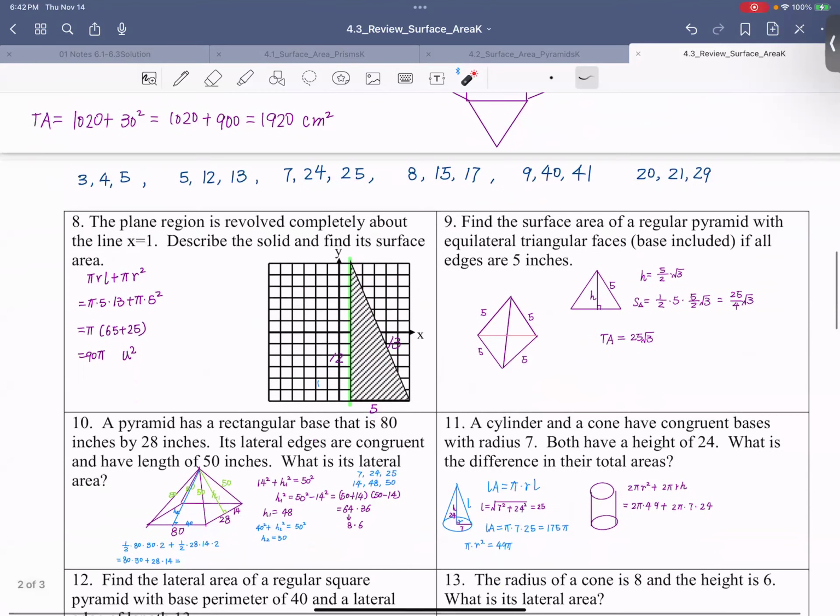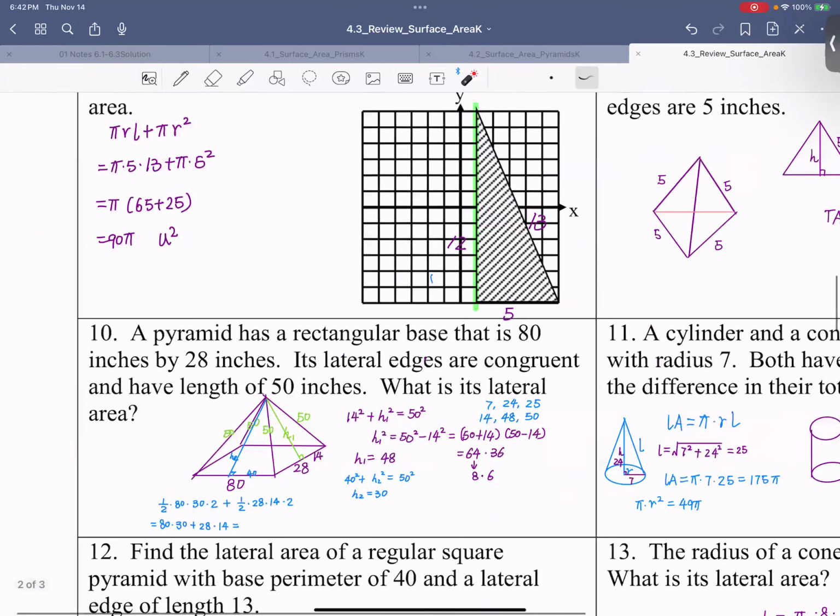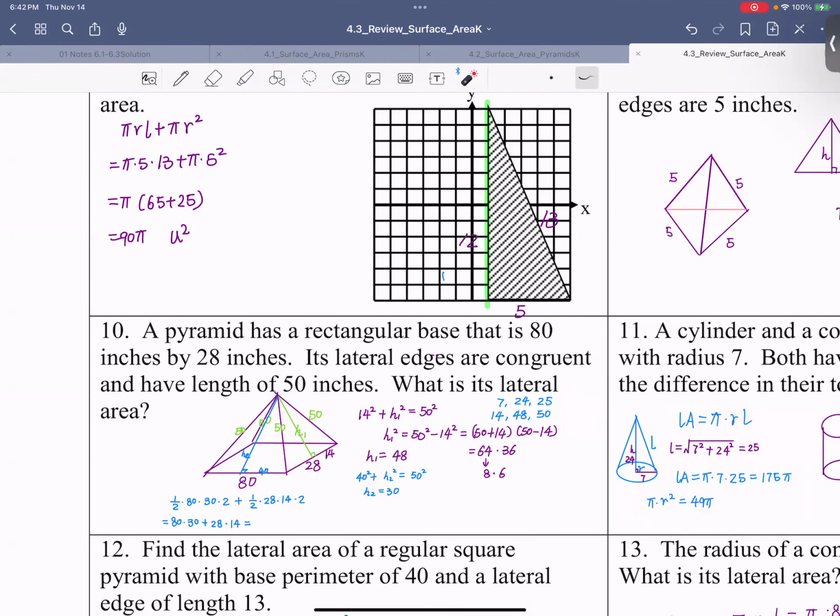Number 10. Look at this. If you can draw it, you can solve it. Go ahead, solve this number 10. Draw this one first. The base is a rectangular base.